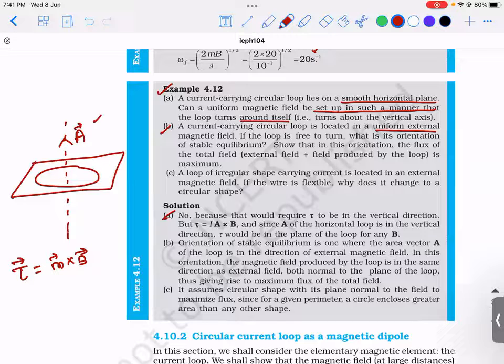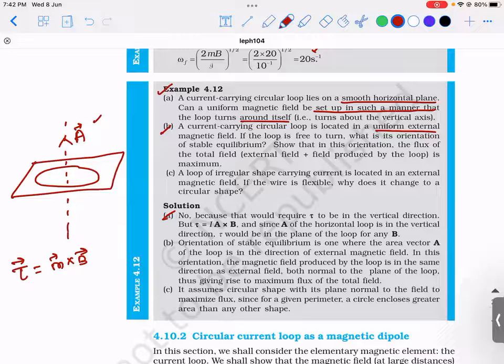So try to answer B. Read the question carefully and then answer it. The current carrying loop is located in a uniform external magnetic field.